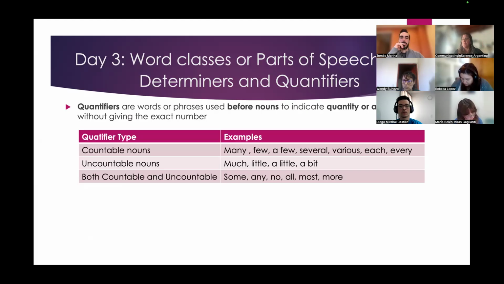Hay poco tiempo. Or you could say, I don't have much time. Yo no tengo mucho tiempo. And there are some that can be used with both countable and uncountable nouns, such as some, any, no, all, most, and more.